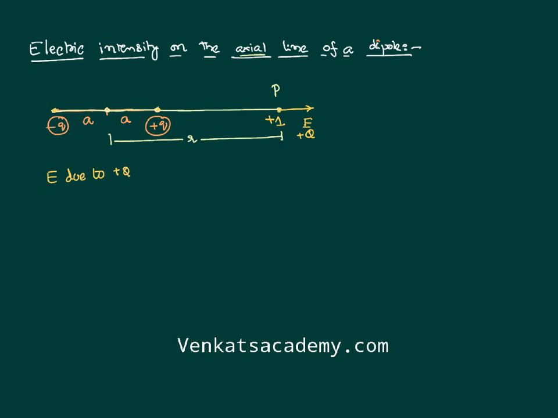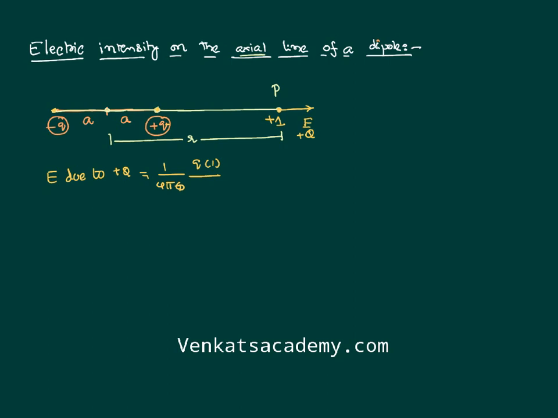You know the definition: electric field intensity is the force experienced by a unit positive charge when placed in an electric field. So it is 1 by 4 pi epsilon naught, one charge is Q, the other charge is plus 1, and I need to write the distance between these two charges.